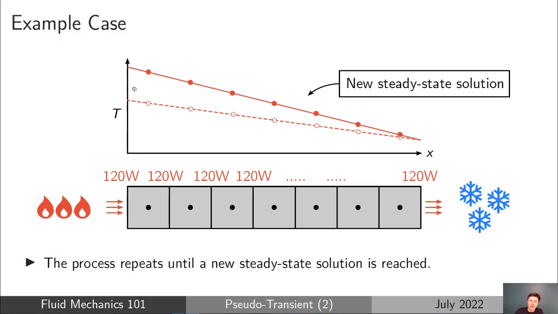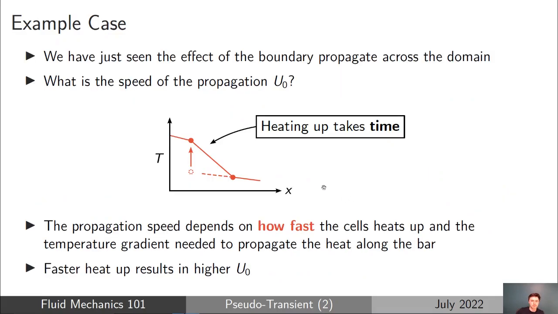So that process of the temperature increasing and moving along the bar is repeated until a new steady state solution is reached. This is the overall process for how thermal energy and heat is going to be transported in a transient manner along the bar.